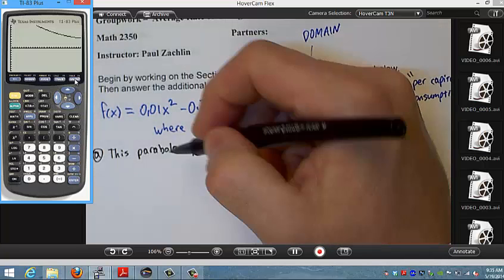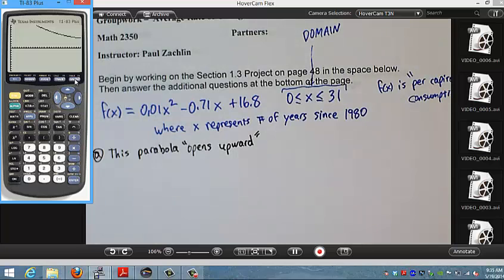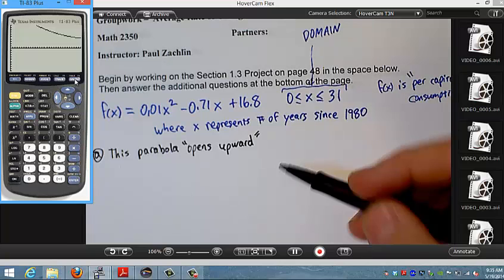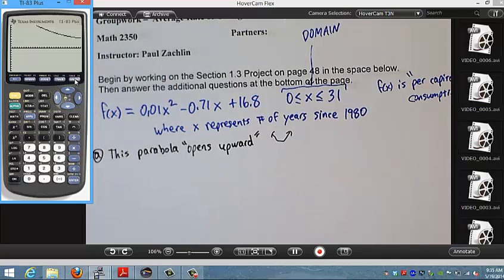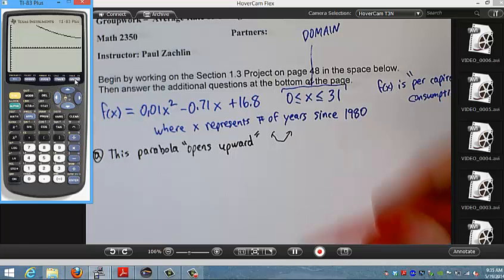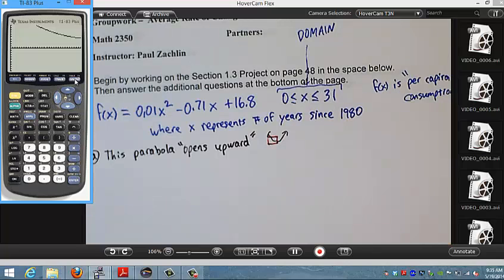Do you understand what I mean by opens upward? Yeah, it'd be U, whereas sometimes a parabola opens downward. So it opens upward. It's shaped like this. Even though on the screen I can't see the whole parabola, I can see a piece of it. You guys with me?